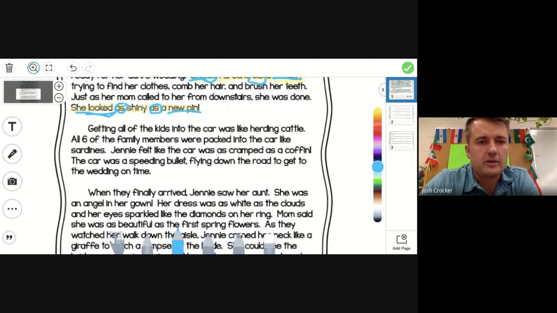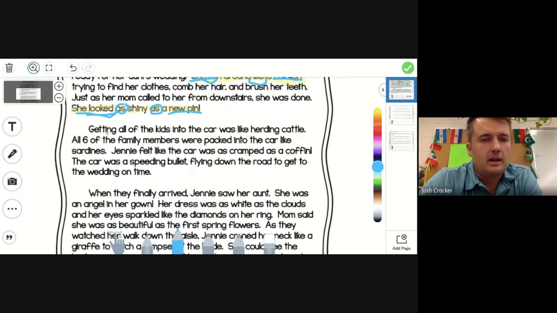Let's move on to paragraph 2. Getting all of the kids into the car was like herding cattle. Did you hear a comparison there? Getting all of the kids into the car was like herding cattle. We're comparing what two things?